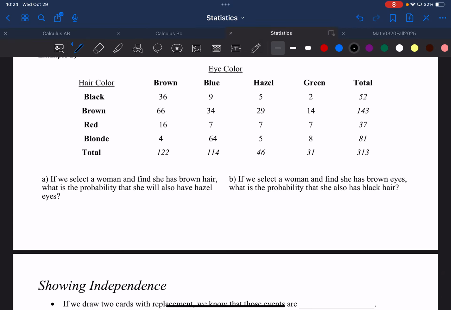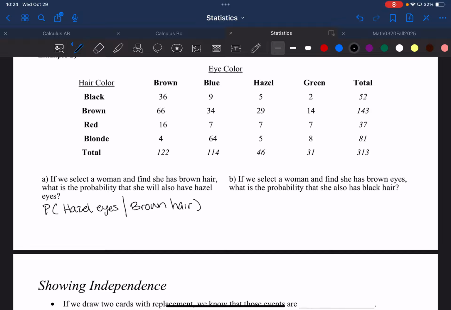Okay, so what we're doing here is first we need to set up what this looks like in words. Okay, so this is the probability they have hazel eyes given what? Brown hair. They have brown hair.